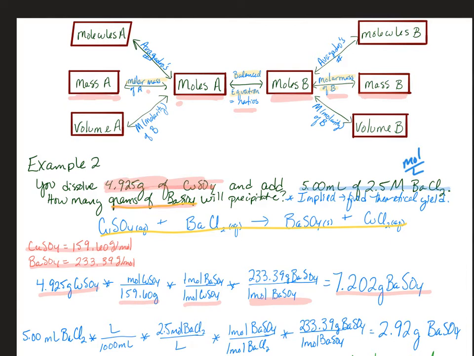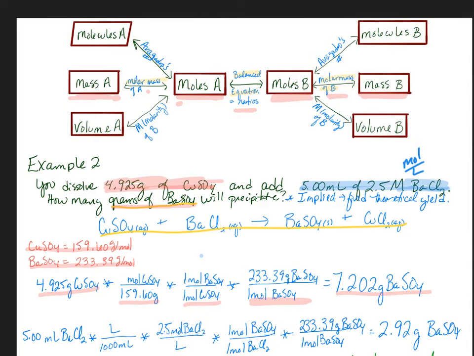Okay, now let's go back and look at another option. We start with 5.0 milliliters of 2.5 molar BaCl2. Now here's the cool thing.